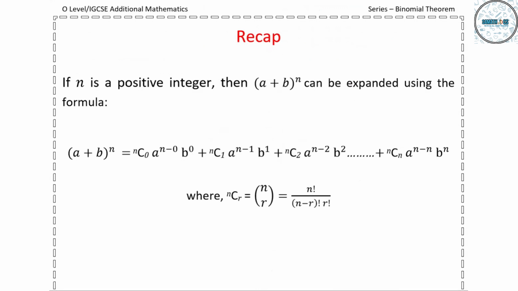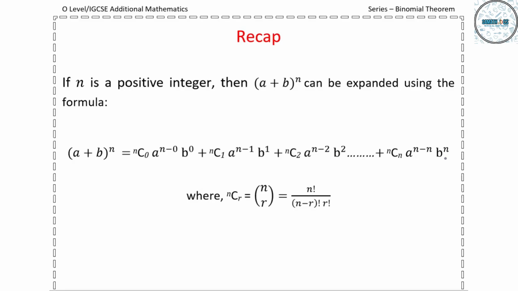Let's do a quick recap. If n is a positive integer, then (a + b)^n can be expanded using the formula nCr a^(n-r) b^r. In the first term, the r value is 0. For the second term, the r value is 1. For the third term, the r value is 2.